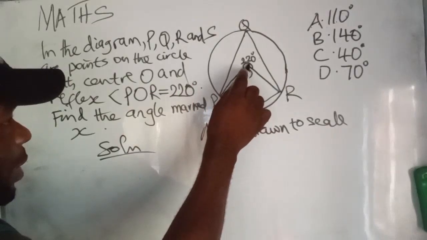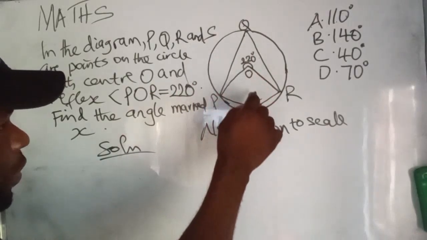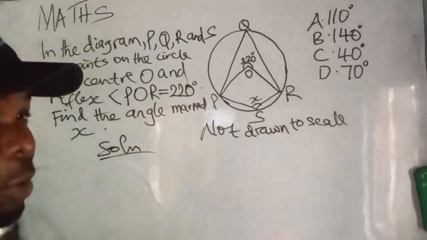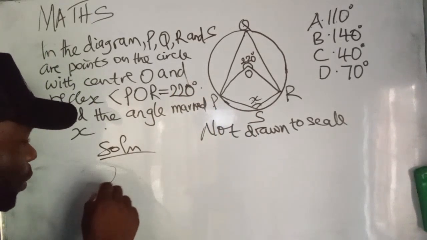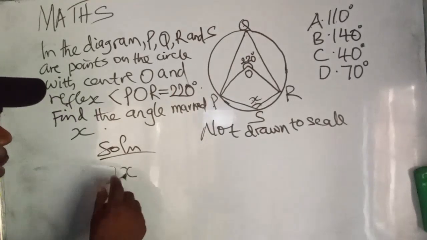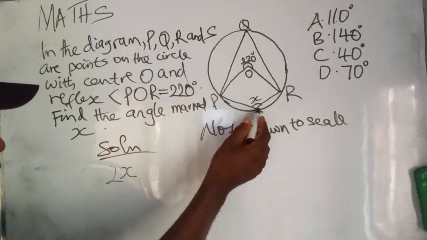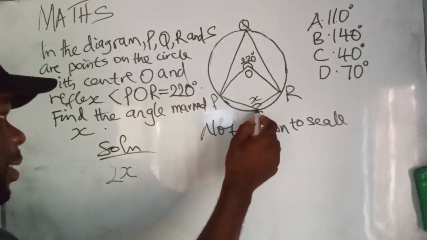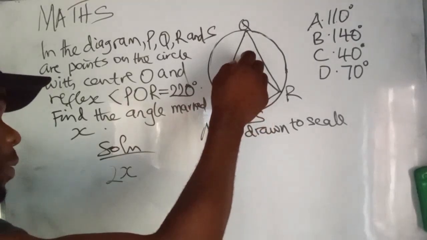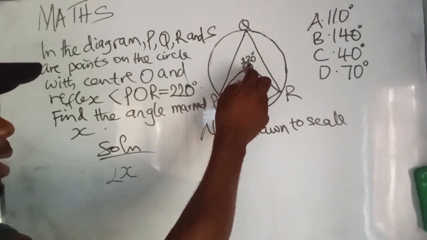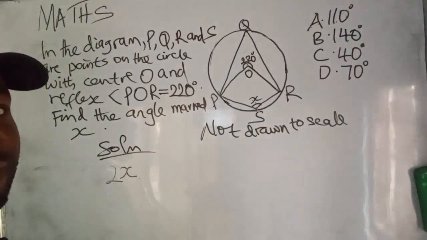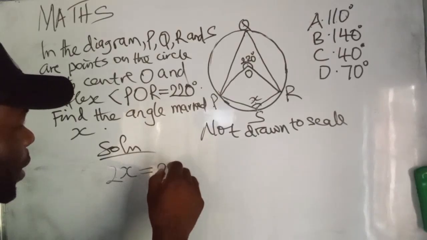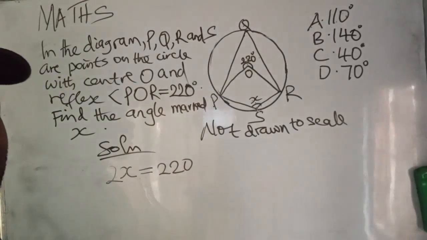The angle at the center here, which is this 220 degrees, is 2 times the angle at the circumference, which is X. That means 2 times X, the angle at the circumference, is half of the angle at the center, which means the angle at the center is 2 times the angle at the circumference. Which means 2x is equal to 220 degrees.